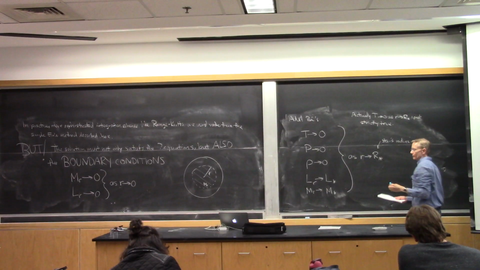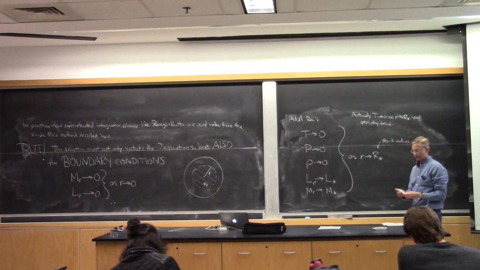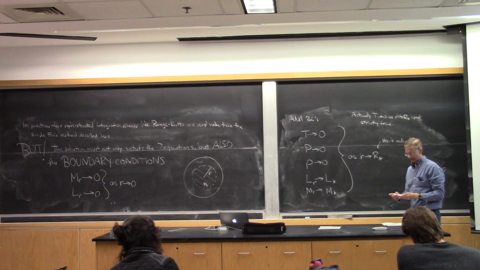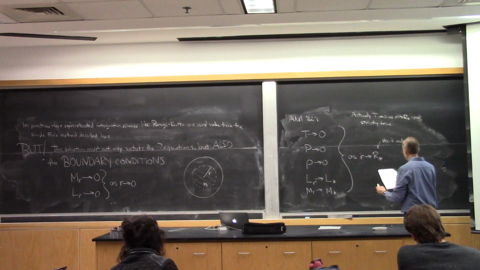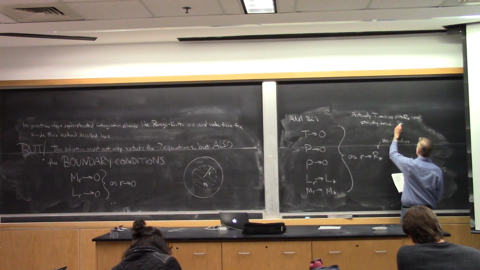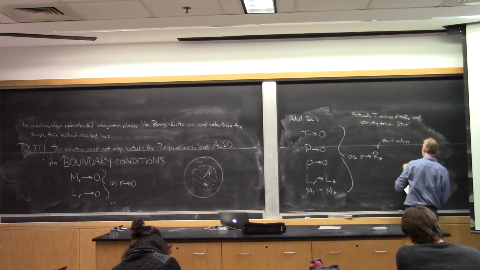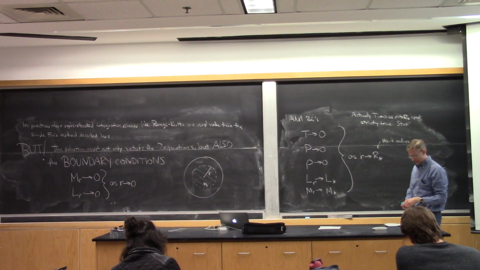If you're trying to make professional level stellar models, you have to do better than this. But StatStar, the model in the book, which is for teaching purposes, uses this as a simplifying assumption.